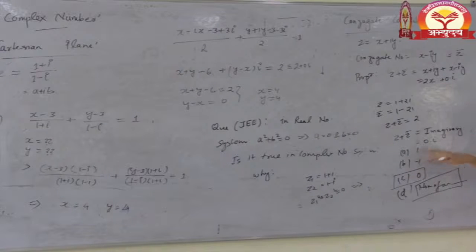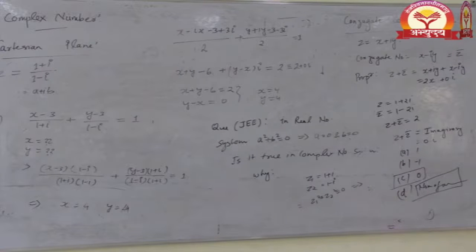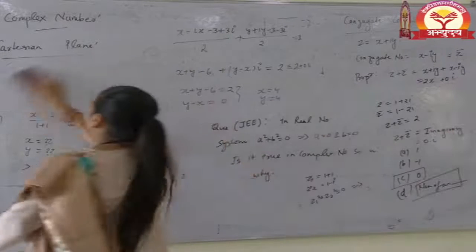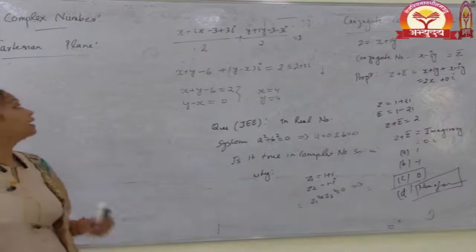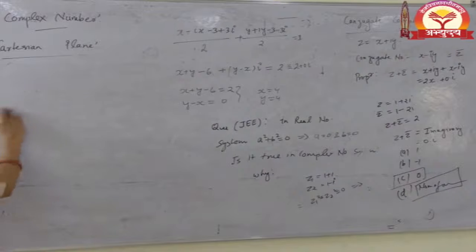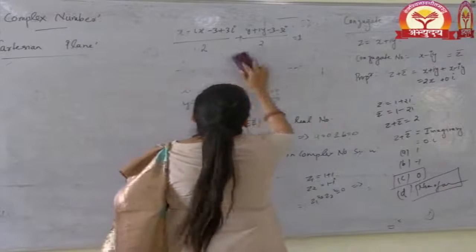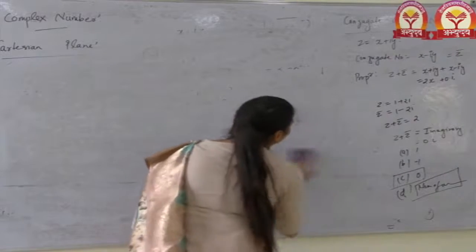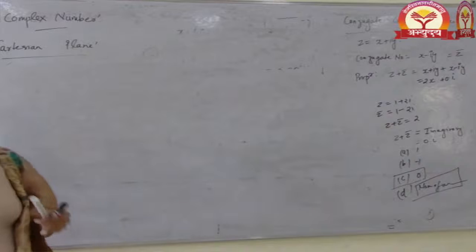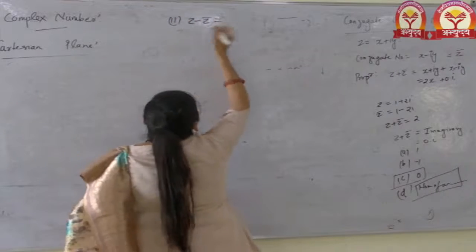कंडीशन दिया जाएगा कि if this one is equal to this, then what is the value of next one. Next one. Next. Number 2 property, what is the value of z minus z bar?